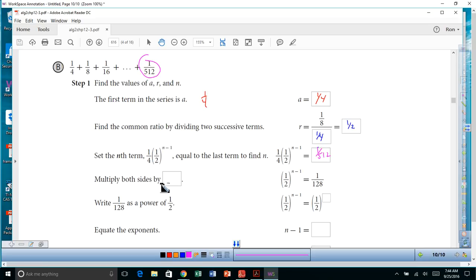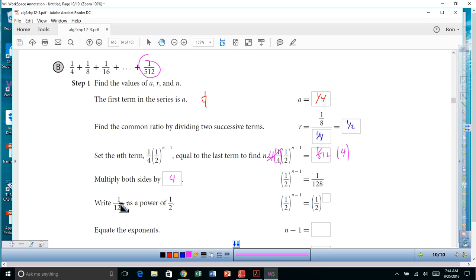Multiply both sides by 4. And they're doing that right here, multiplying that by 4. And that's just to get rid of that right there. And you have 1/2 to the n minus 1 equals 1 over 128.